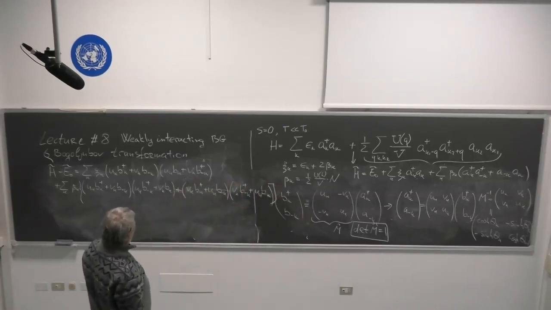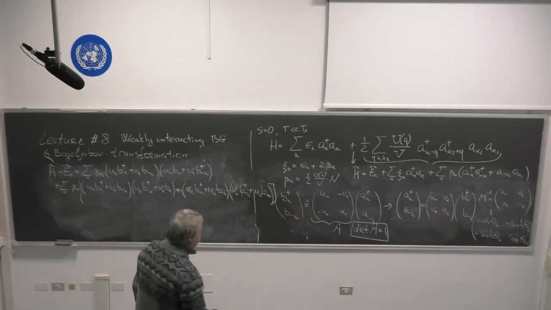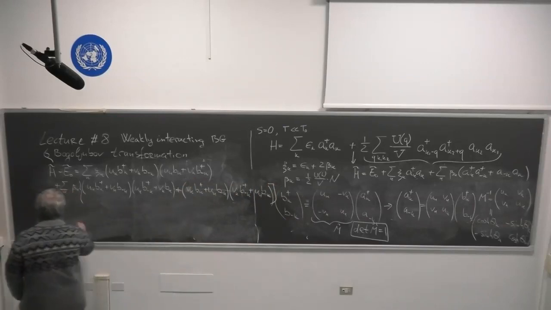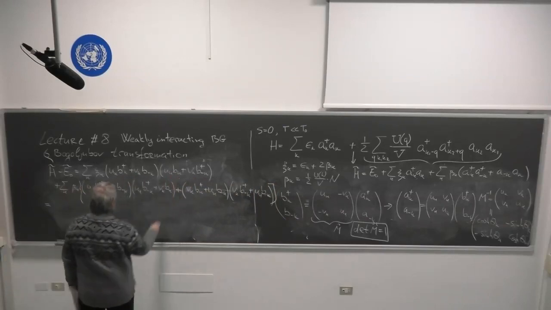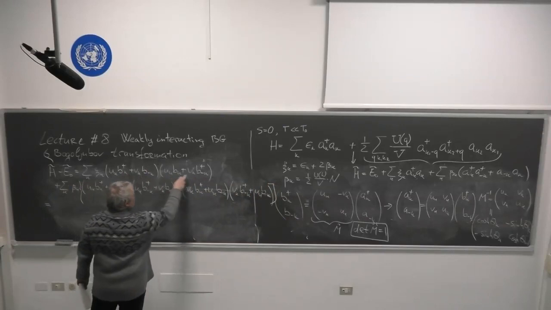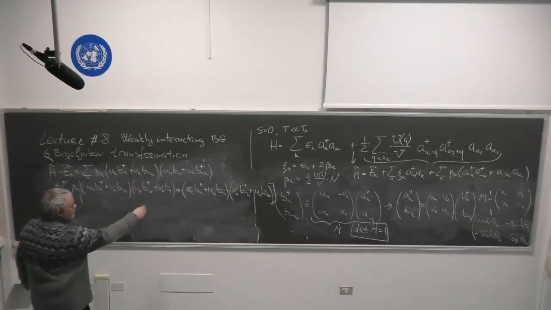Good. Let's now open brackets and collect terms in front of BK dagger BK, B minus K B minus K dagger, BK dagger B minus K dagger, and B minus K BK.